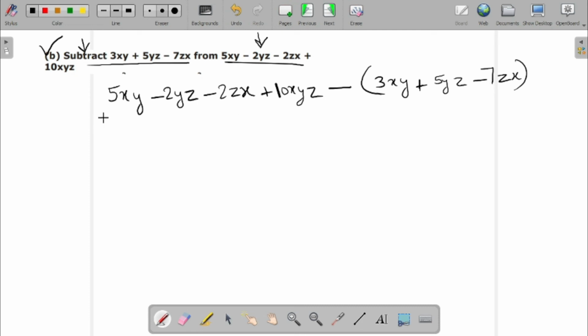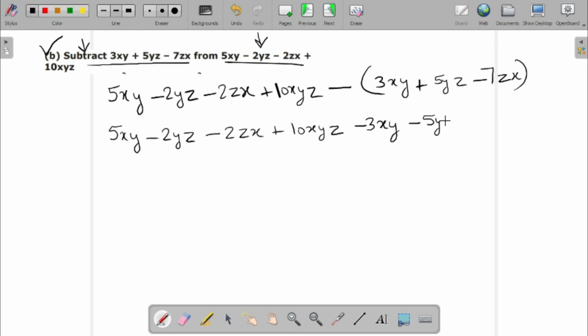So now see the second step. 5xy minus 2yz minus 2zx plus 10xyz. Now this is positive, it will become negative. Minus 3xy. This is positive, this will become negative, 5yz. This will become positive, that is 7zx. This is the first step, an important step.